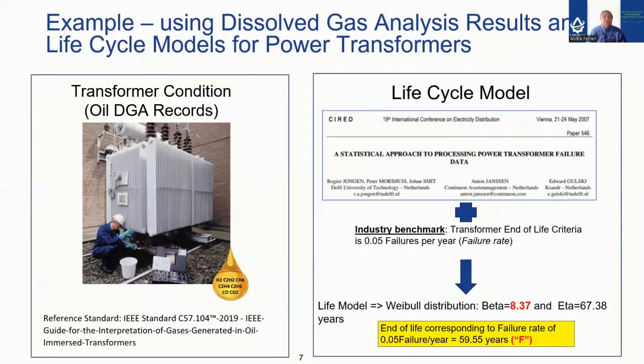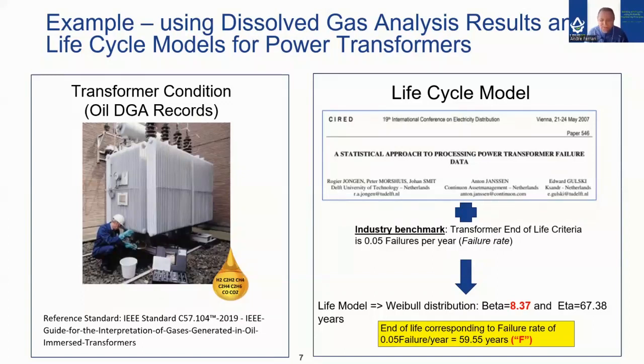DGA consists of extracting an oil sample from the main tank of the transformer periodically and analyzing the 7 gases as illustrated in this oil drop here. The basis of the analysis is provided by the IEEE standard C57.104. The standard highlights the importance of each of the molecules in the oil and their thresholds of concern.